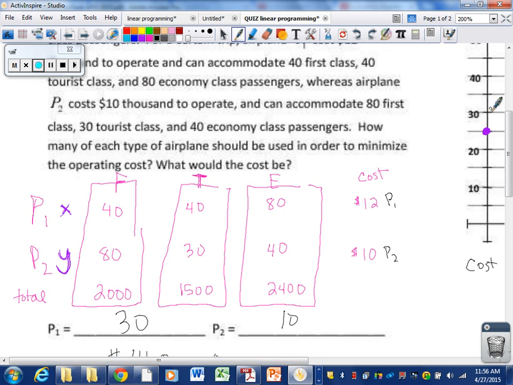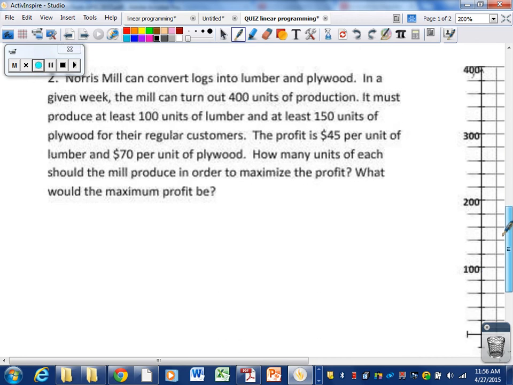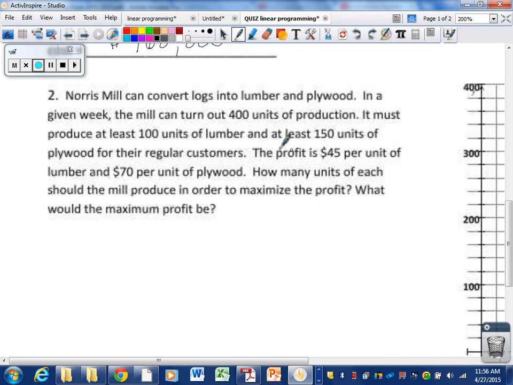Now the second one here is a little bit different. It's more like Omar and his truck. Let's say we have lumber and plywood, which is what this mill makes. It can make 400 units of lumber and plywood.